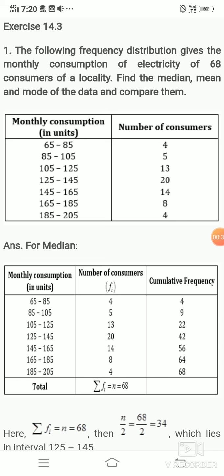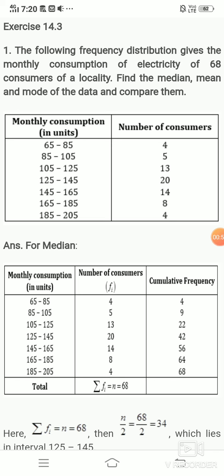So for the median, n by 2 is the middle, so where does n by 2 occur? Identify the cumulative frequency and class interval according to n by 2.